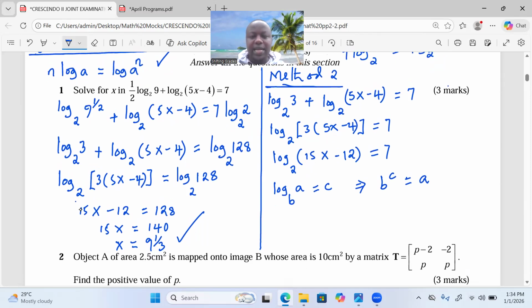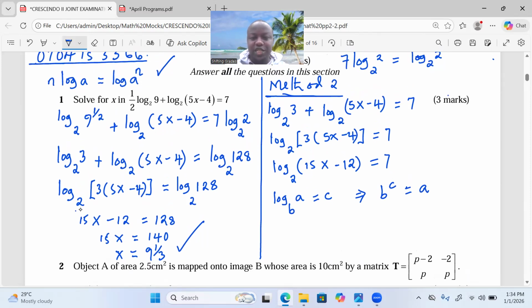In this case, let's change to index notation by saying the base here, 2 raised to power 7 should be equal to this. So 2 power 7 should be equal to 15x minus 12. You see, we can now group terms together by saying 2 power 7 is 128.